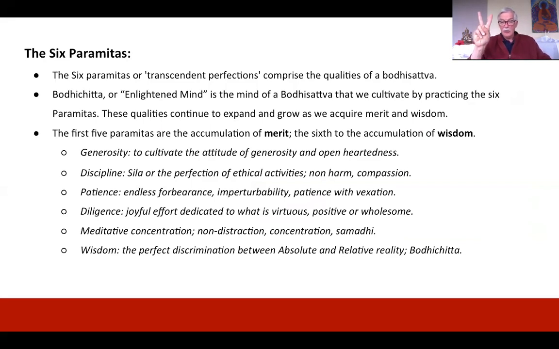You remember I said those are the 2 things we're working on acquiring in the Mahayana as we evolve towards the state of being a Buddha in some future life. Okay? Merit, as I said, is spiritual virtue. Wisdom is a deep understanding of how the absolute and relative work together to create reality, and automatically generates compassion.